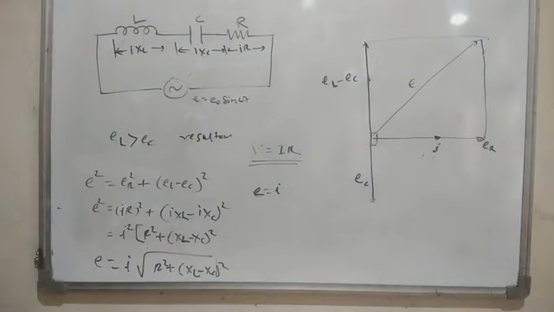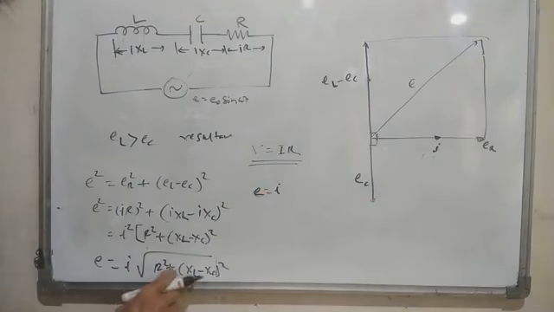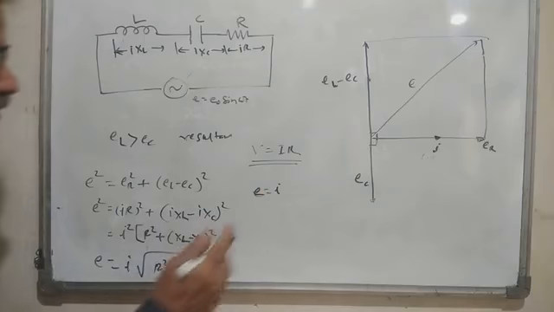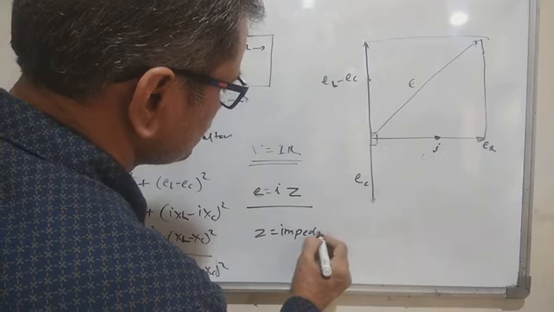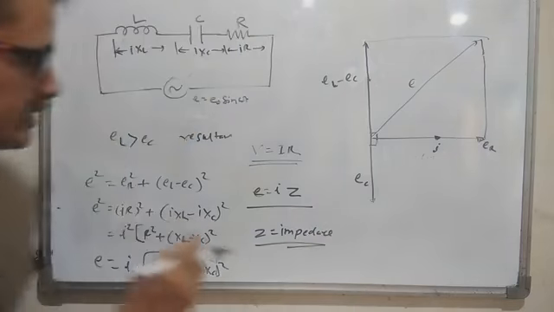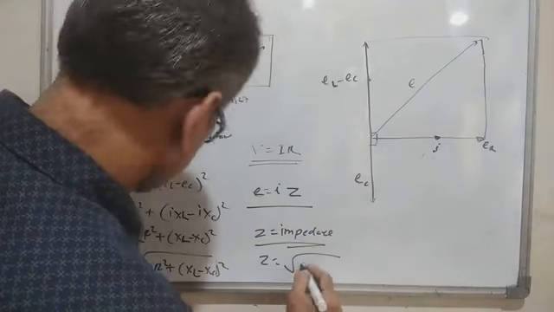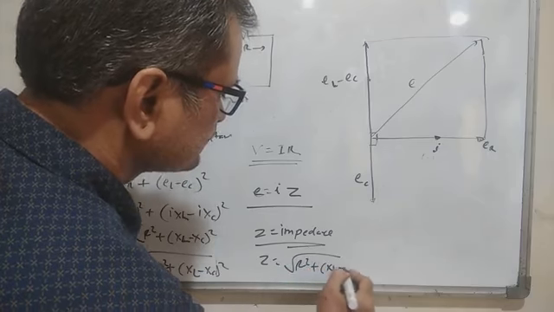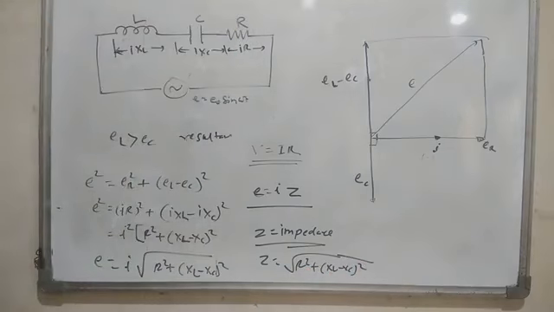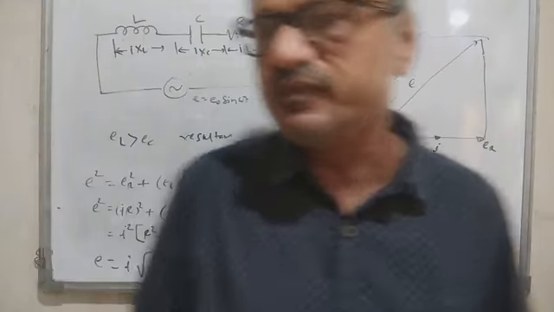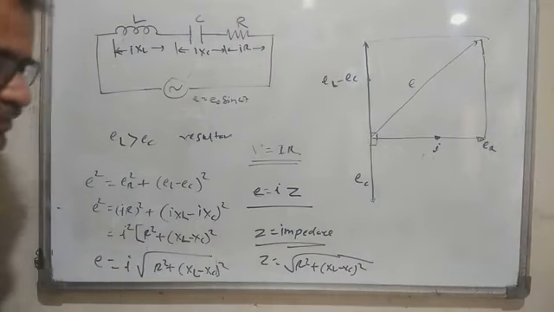The total resistance offered by the LCR circuit is root of R square plus XL minus XC whole square, and this is called impedance, represented by Z. So Z equals root of R square plus XL minus XC whole square. Impedance is the total resistance offered by the combination of resistance, capacitance and inductance.